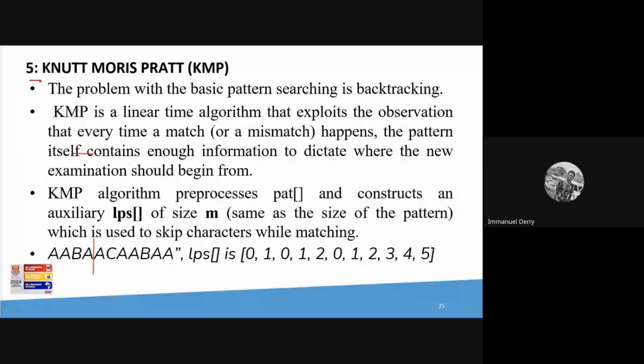Let me use S, so this S is the suffix. For the single character A, the LPS, as I said earlier, is going to be 0. Now the next substring you're going to look at is AA.